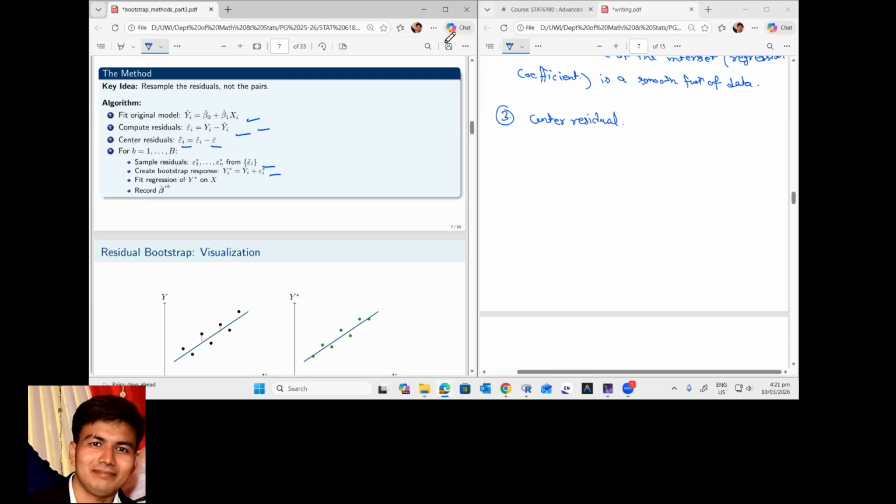So the only source of randomness is the bootstrap error, epsilon_i star.